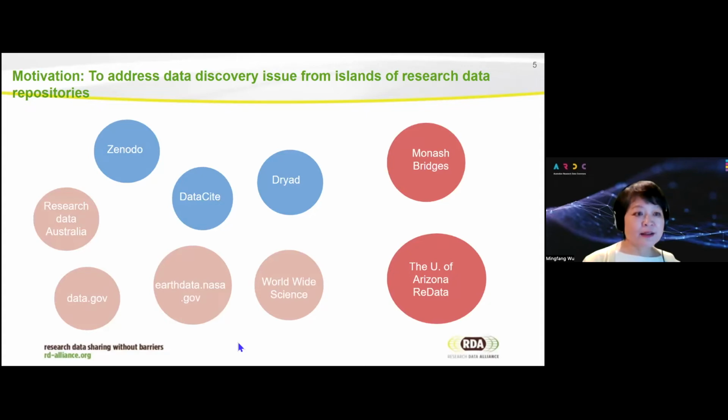So ideally, we need to provide data seekers a better discovery experience by joining up data discovery, with just one search box for searching all research data repositories, just like WorldCat, a union library catalog.